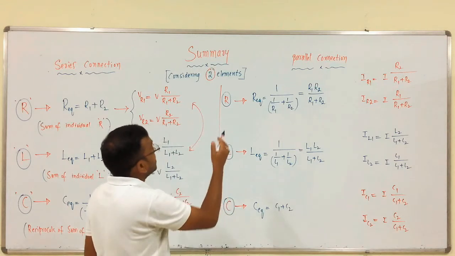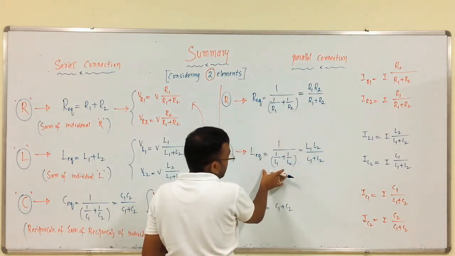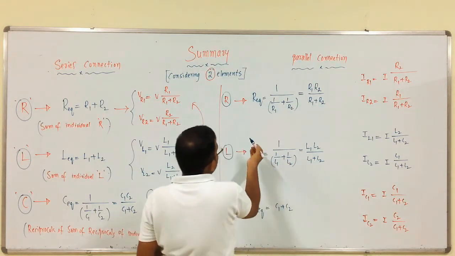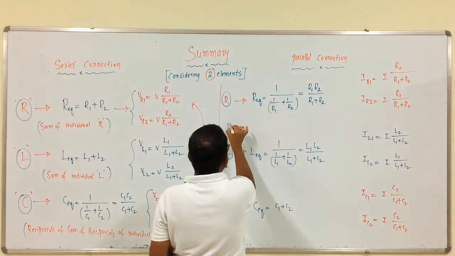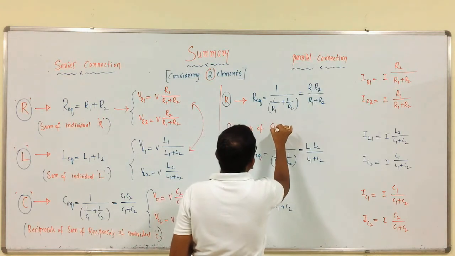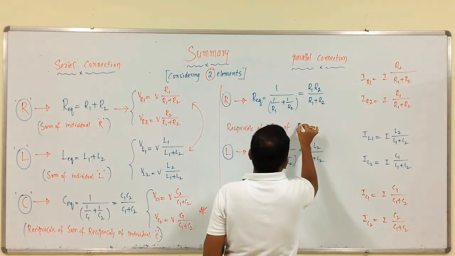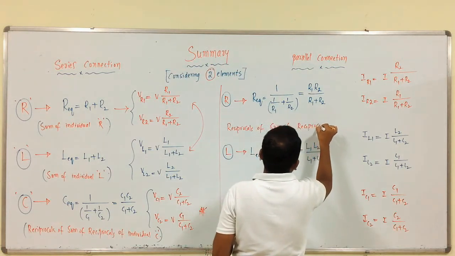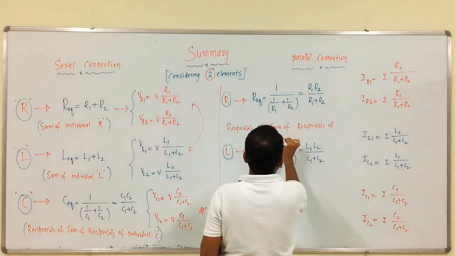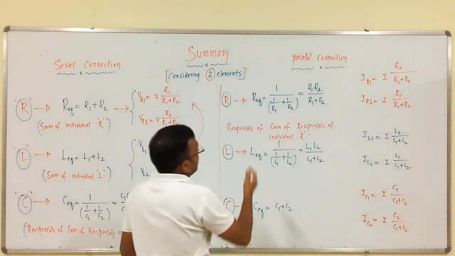Coming to the parallel connections, if two resistors are in parallel, or two inductors are in parallel, we have to write the equation as the reciprocal of the sum of reciprocals of individual R. This is for resistance.